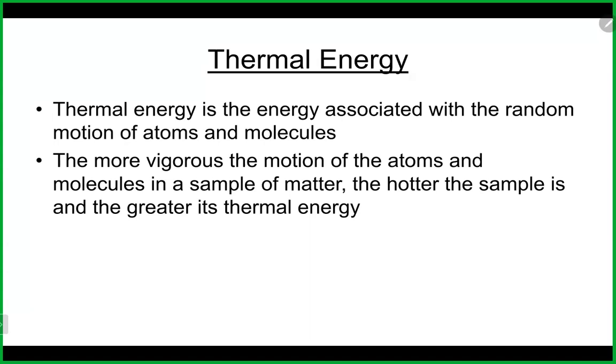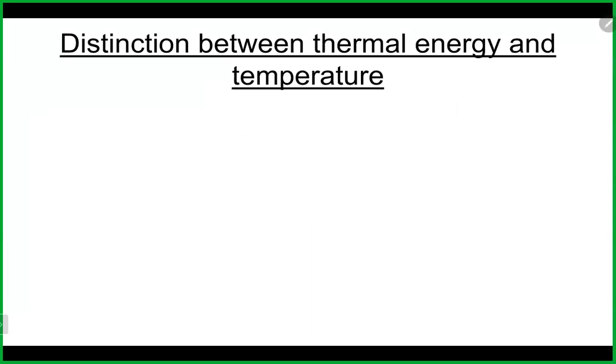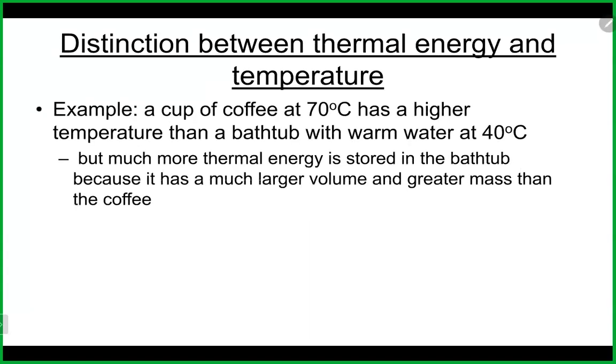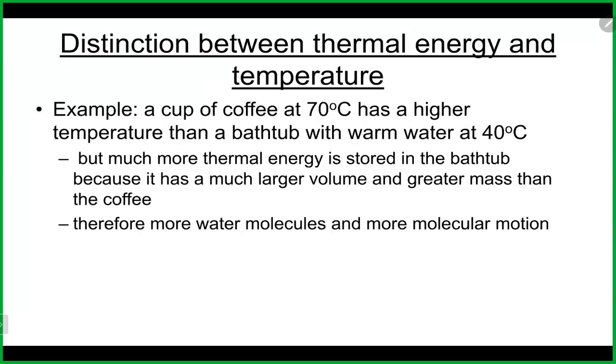Sometimes people confuse thermal energy and temperature as being the same thing. Once again, temperature is a measure of the energy changes occurring. To illustrate the difference, say we have a cup of coffee at 70 degrees Celsius and warm water at 40 degrees Celsius.